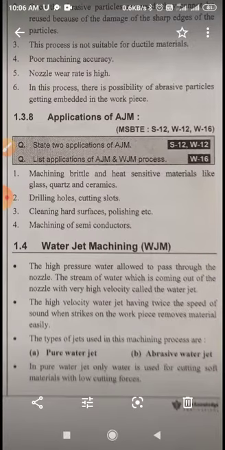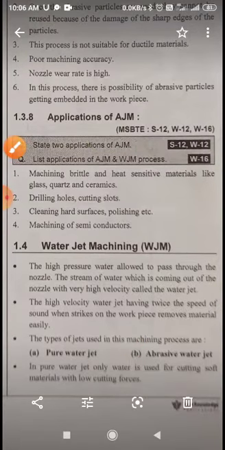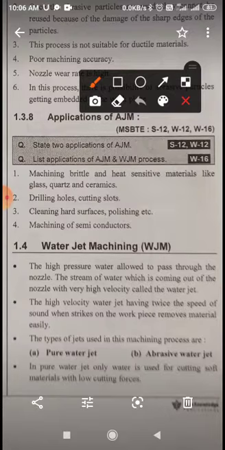The types of jet used in these machining processes are pure water jet and abrasive water jet. This water jet machining process is the same as AJM, but in this process, instead of gas, water is used. Okay, you can see over here abrasive water jet, in which abrasives are mixed in the water, and the same process is done as AJM.